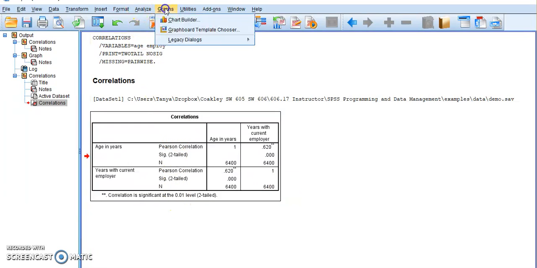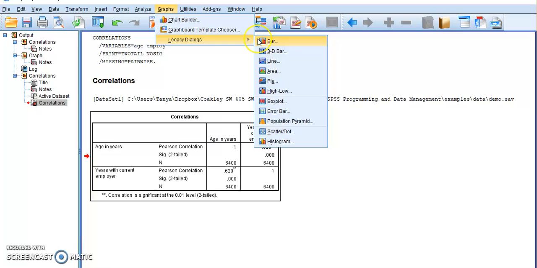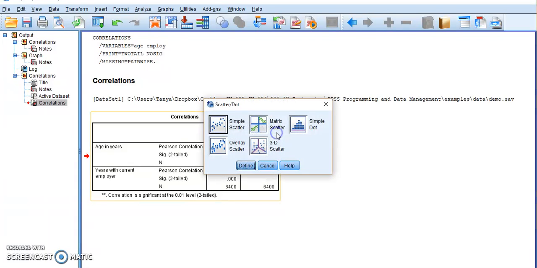Now to display it graphically, we'll go to Graphs, Legacy Dialogs, and then come all the way down to Scatter. Of course, you would not select the histogram if you're looking at the relationship between two variables. You would use the scattergram or scatterplot.